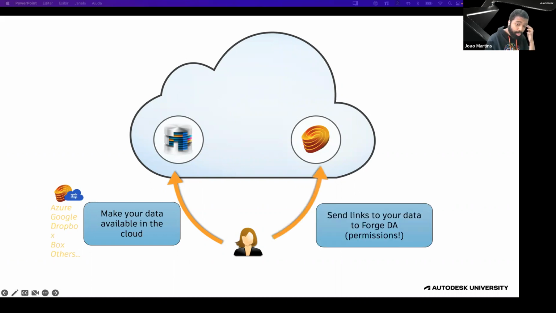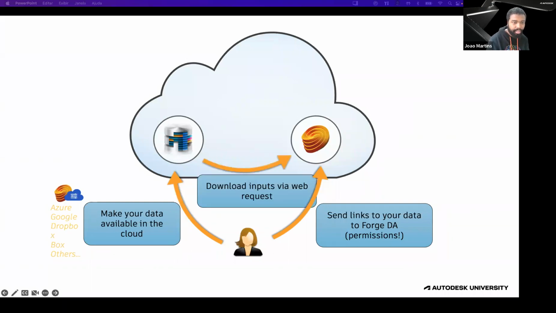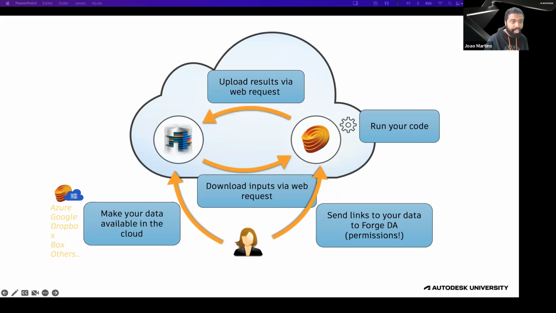After that, you need to send downloadable links so Design Automation can take advantage of this data. The first thing Design Automation does when you submit a job is download the input data that you have. Then after that, Design Automation is going to run your code against the data that it downloaded, and it's going to upload the results via web request to the storage that you defined.